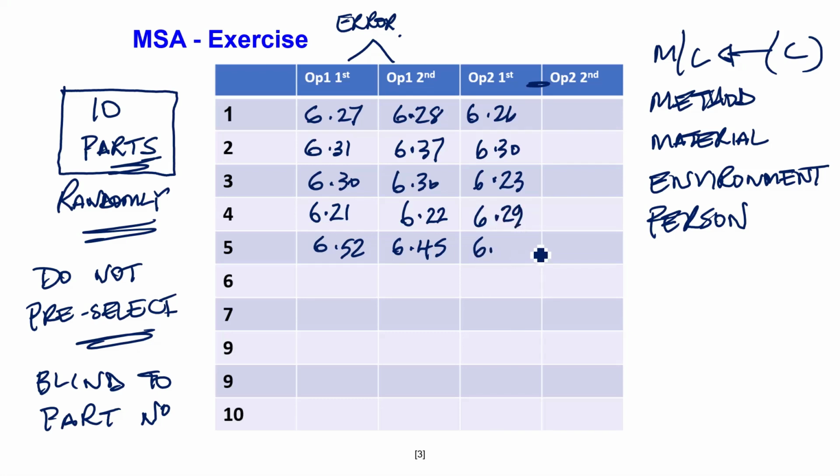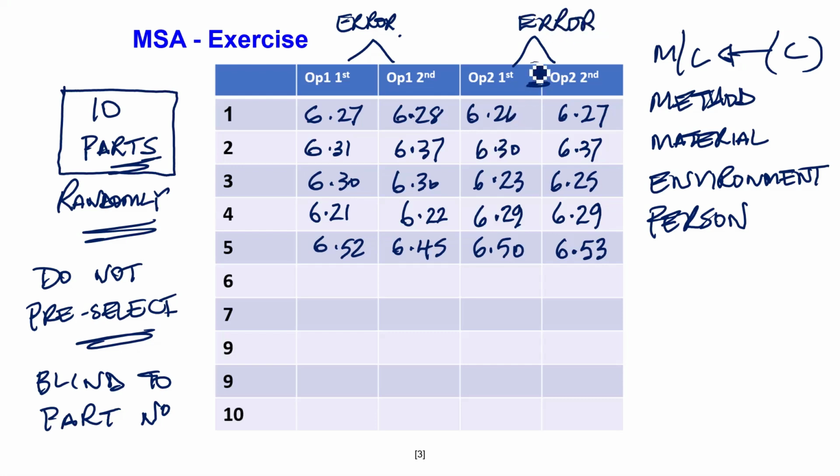Obviously you do 10 of these. I'm only writing 5 out. You give it out in run order first of all. Then you give it out randomly the second time. And you're hoping that the measurement system comes up with a similar or the same result. Any variability here, of course, is error.